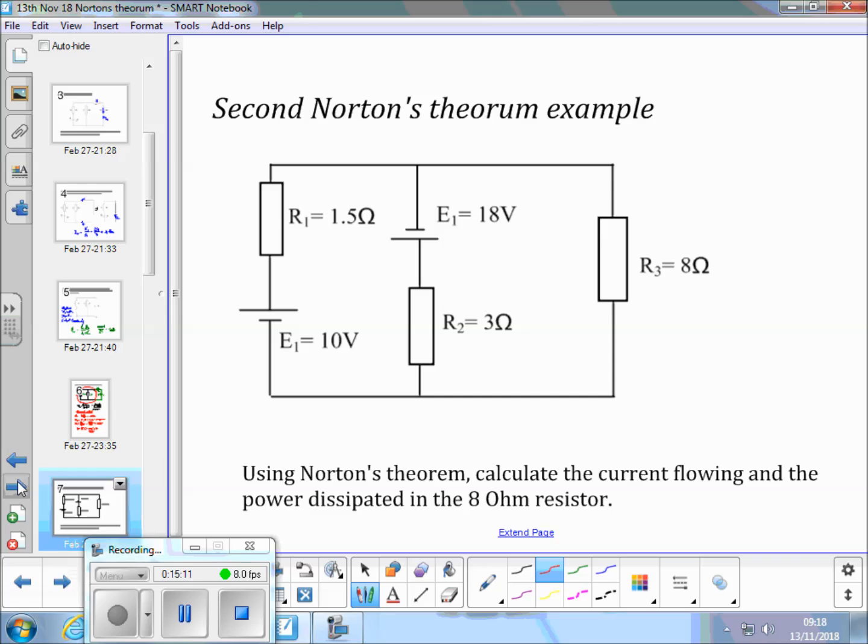Right, moving on. We're going to have a look at a second example, one that includes two sources. Using Norton's theorem, calculate the current flowing and the power dissipated in the 8 ohm resistor.